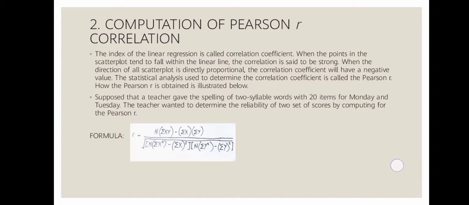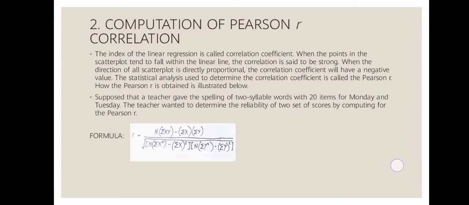The statistical analysis used to determine the correlation coefficient is called the Pearson r. How the Pearson r is obtained is illustrated below. Suppose that a teacher gave a spelling test of two-syllable words with 20 items on Monday and Tuesday. The teacher wanted to determine the reliability of the two sets of scores by computing the Pearson r formula.